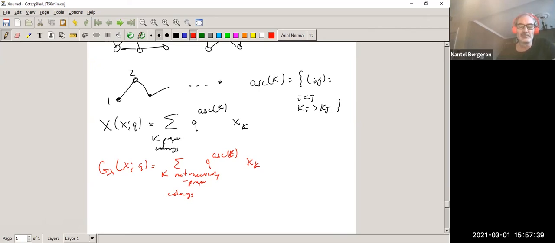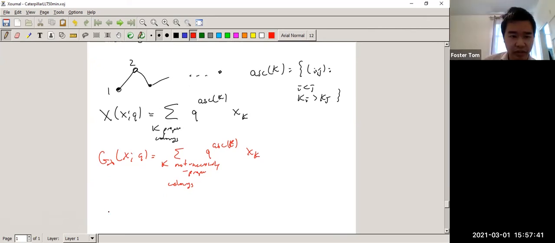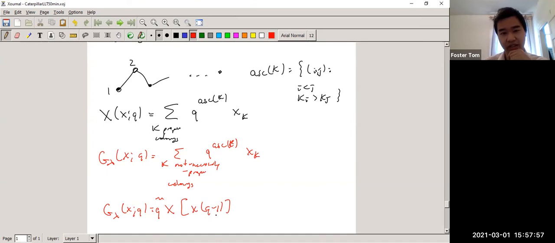I see. In fact, there's an explicit relationship. I might not be able to get it right. Something where I need to put in q, maybe a power of q here, and some other things.